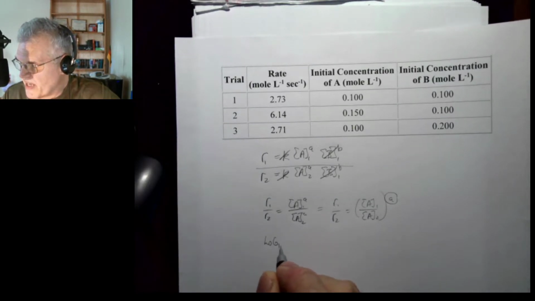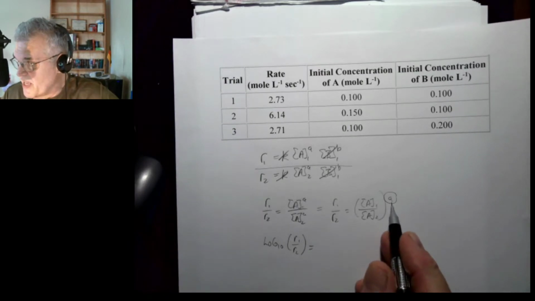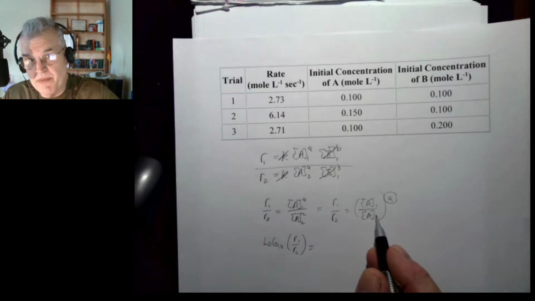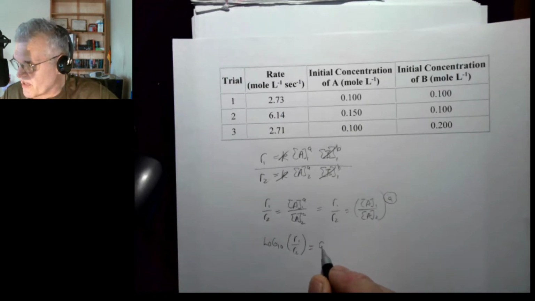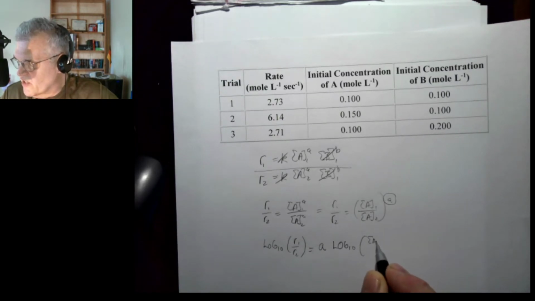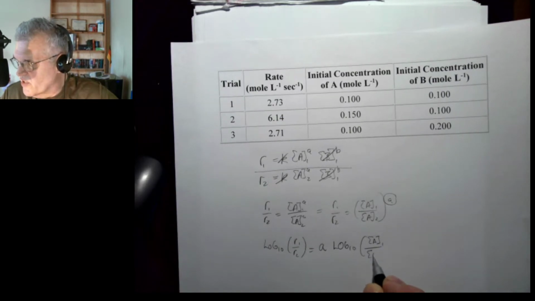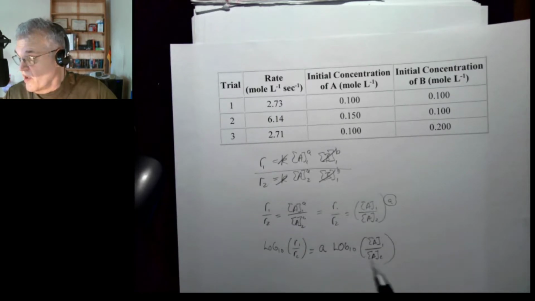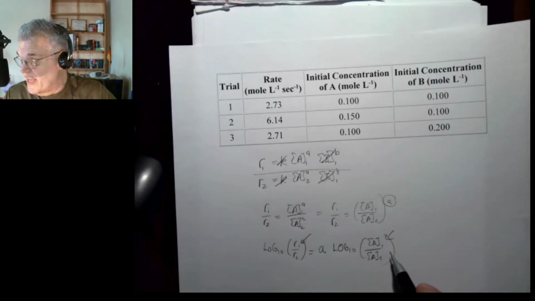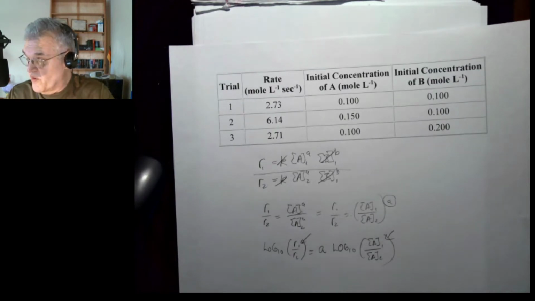So I take log base 10 of rate 1 over rate 2, and that's going to be equal, when I put the log with an exponent, that's the same thing as the exponent times the log of. So that's going to be equal to A times log base 10 of the concentration of A1 over the concentration of A2. Well, I know what rate 1 and rate 2 is. I know what A1 and A2 is.